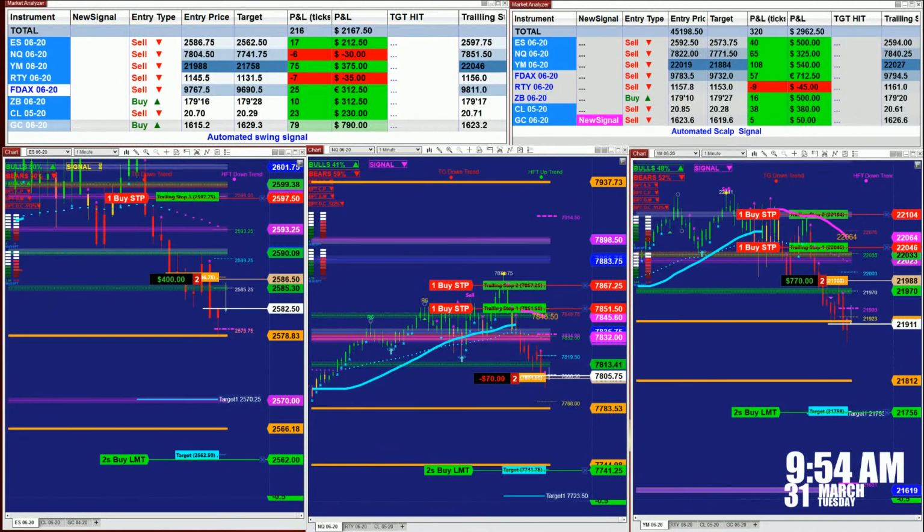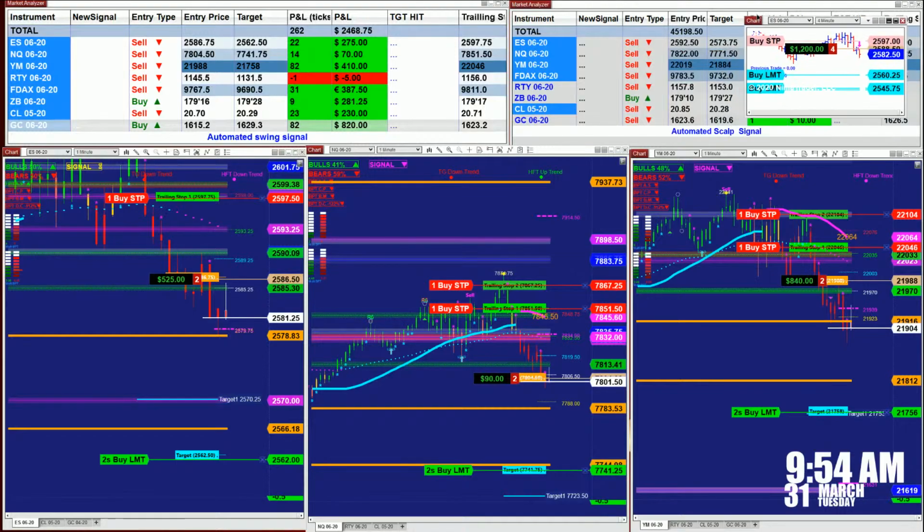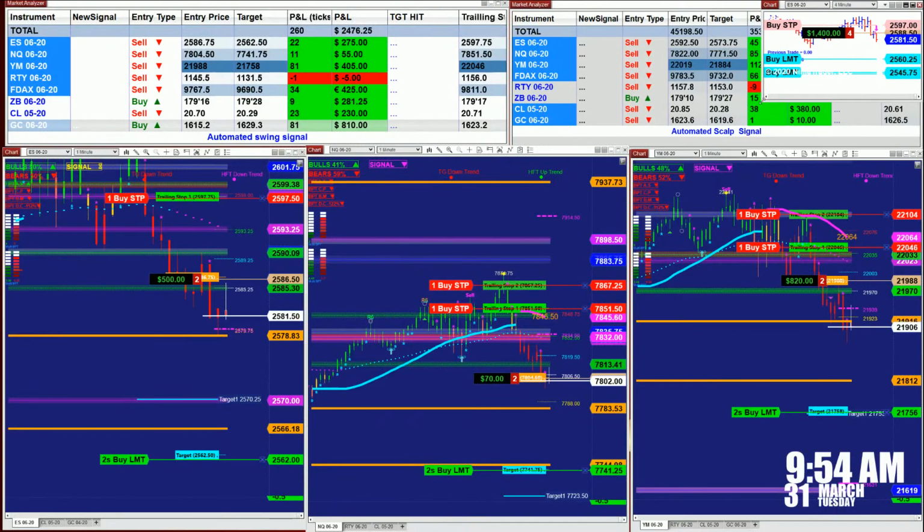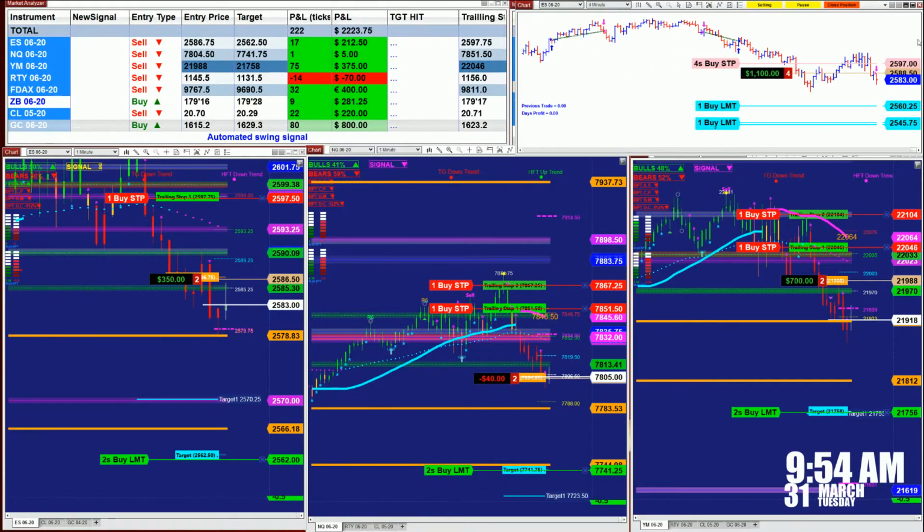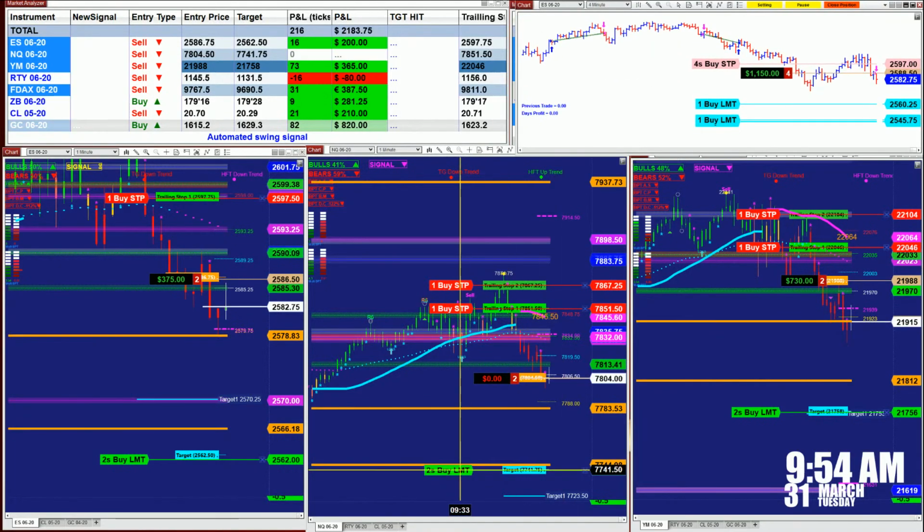Now on the other auto trade, this is an automated signal entry. Now on the other auto trade, we are getting the ES already.